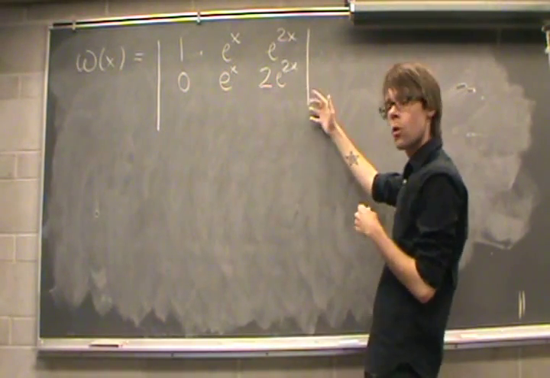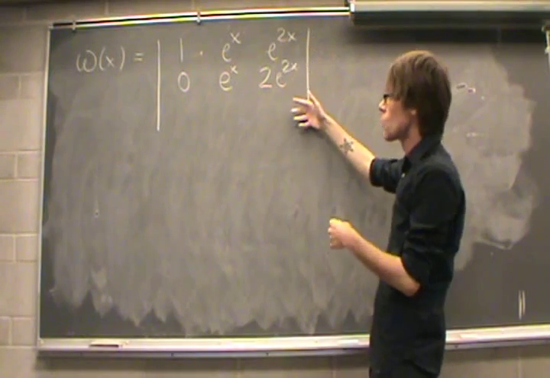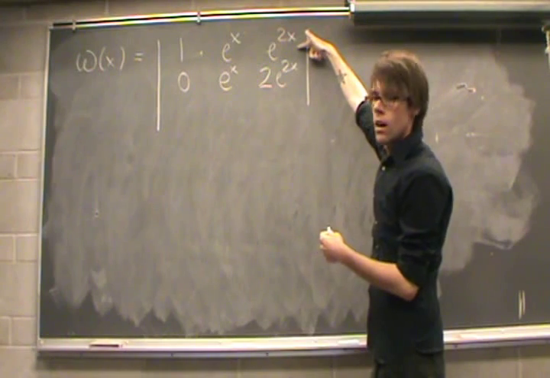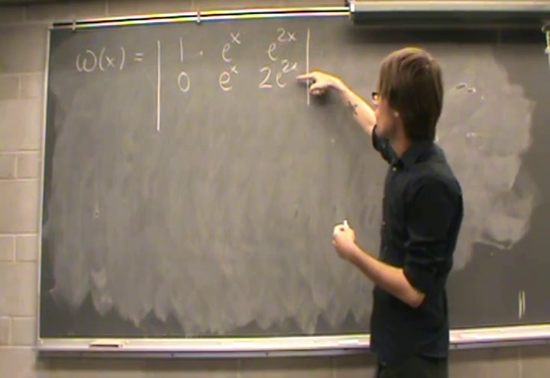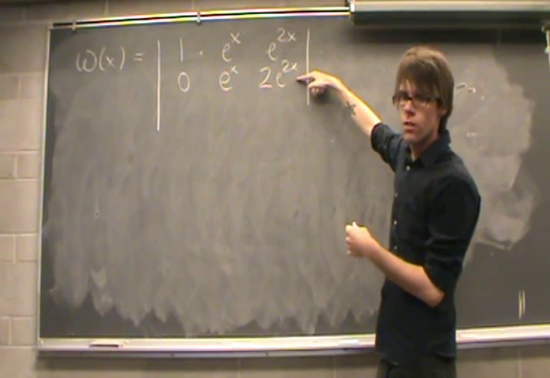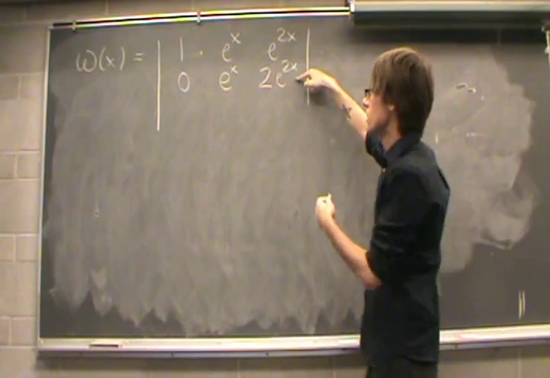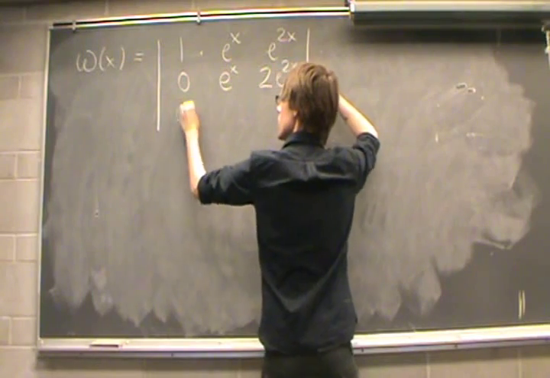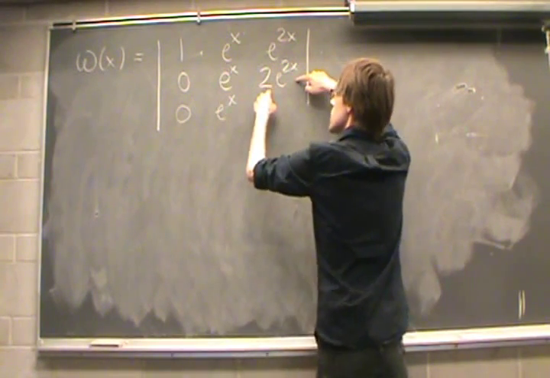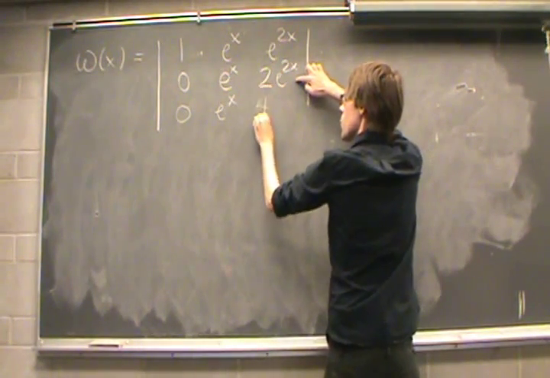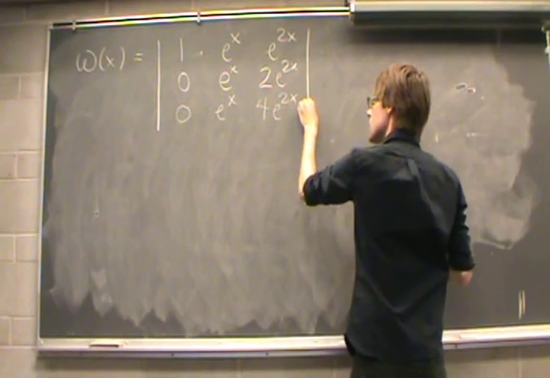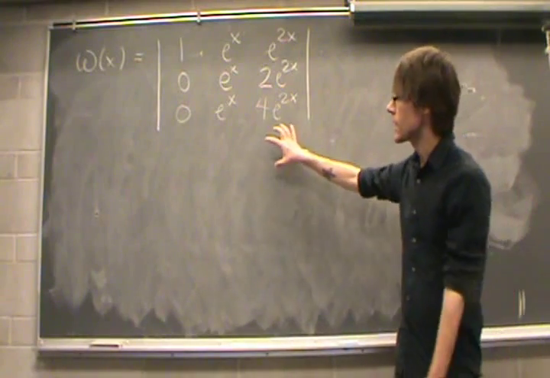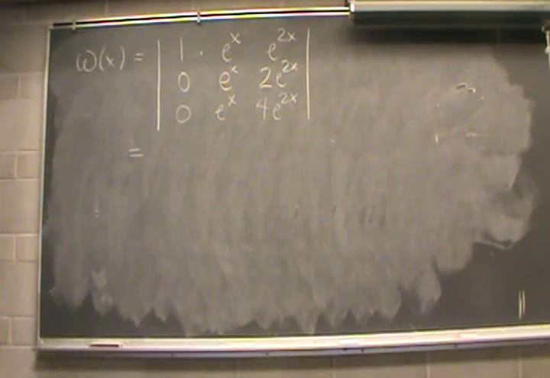We still don't have a square determinant yet, so we need to fill in one more row. This is going to be the second derivative of the functions up in row 1, or you can think of it as the first derivative of row number 2. So if we take the derivative of these functions, we get 0, e to the x, and 4e to the 2x. This is our Wronskian, and now we have to calculate this determinant.